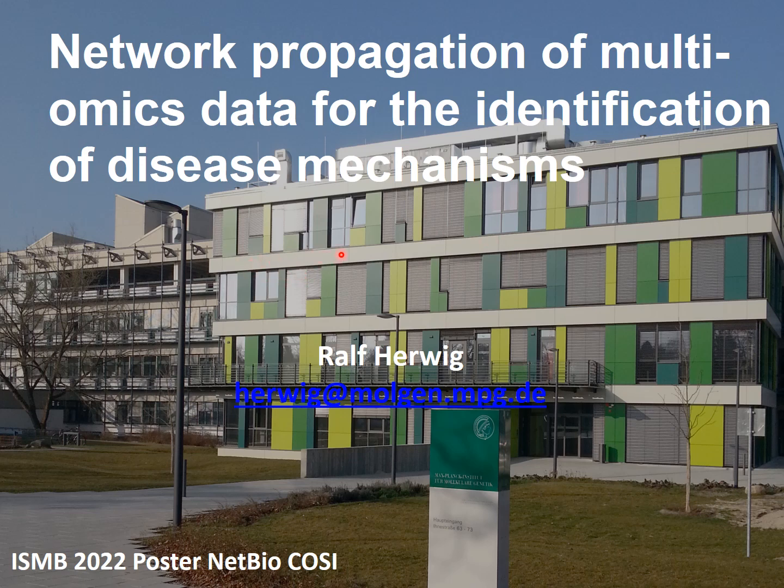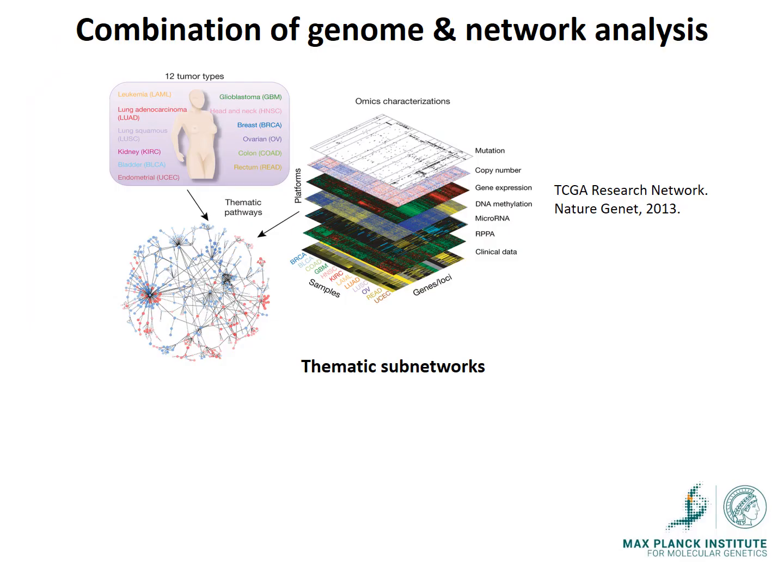Hello. In this poster presentation, I want to describe an approach for how to efficiently analyze genome data at the network level. It's called network propagation of multi-omics data for the identification.